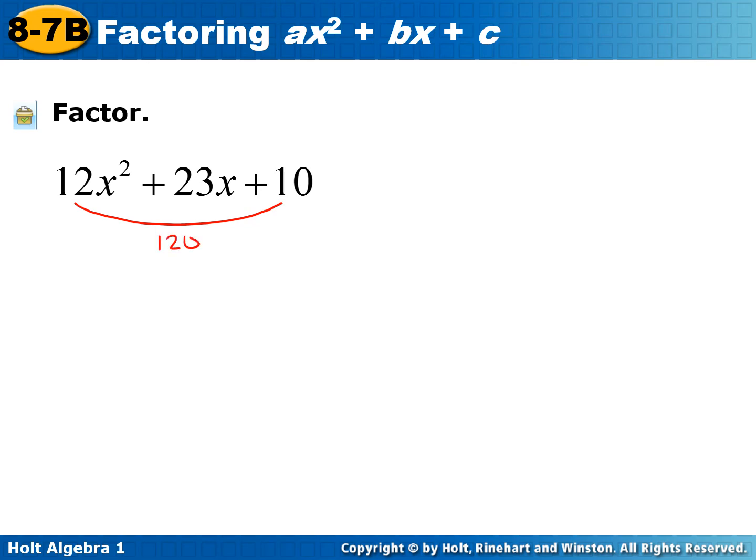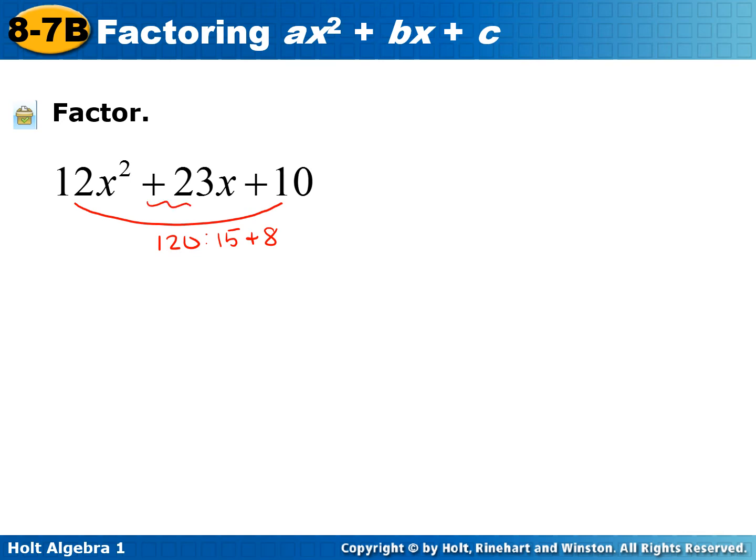C is positive, so what factors of 120 add up to 23? So the factors that add up to 23 are going to be 15 and 8.